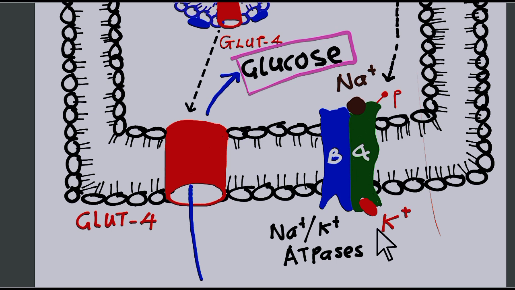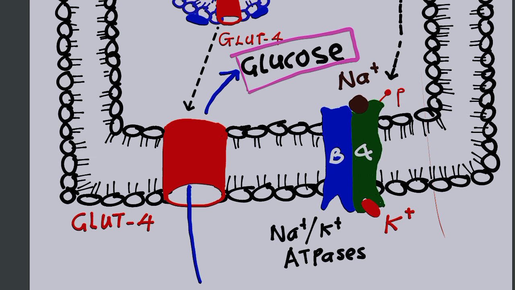So a high level of insulin, or too much insulin, can lead to hypokalemia, which is very dangerous. So when you're giving a patient insulin, make sure you're giving them a well-calculated dosage. Because when you give them too much, it's going to drive potassium into the cell. As a result, the level of potassium in the blood is going to drop. So that is very important to understand.